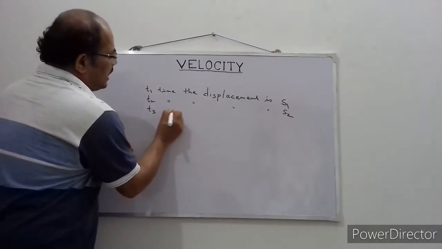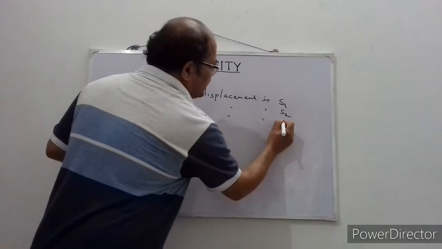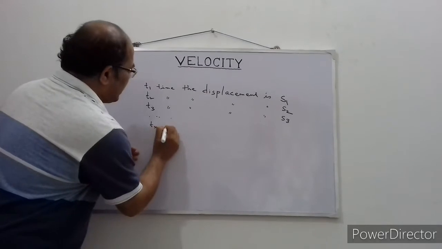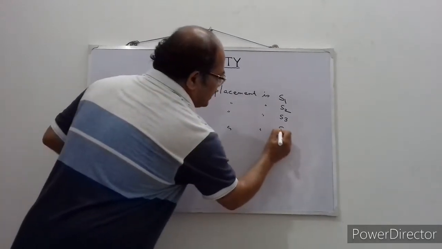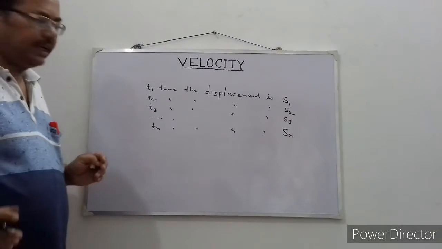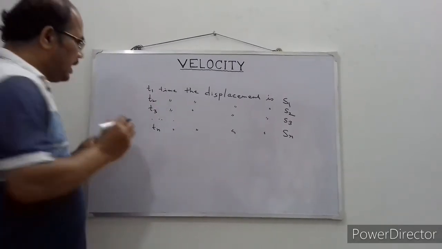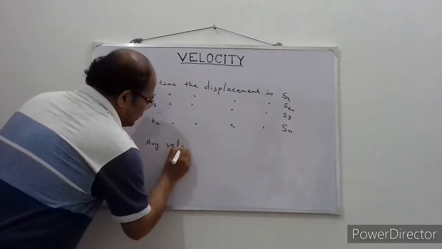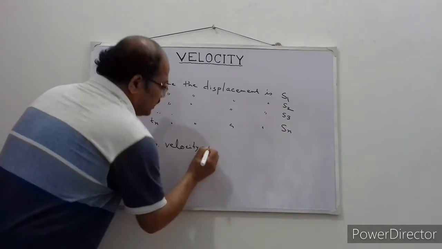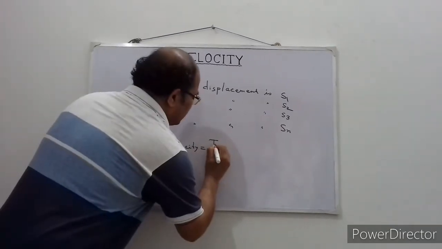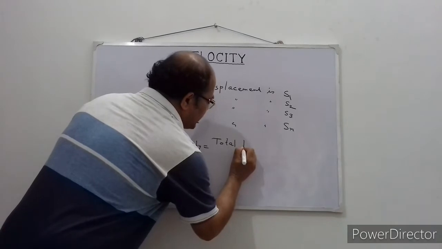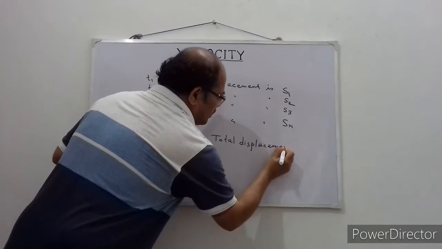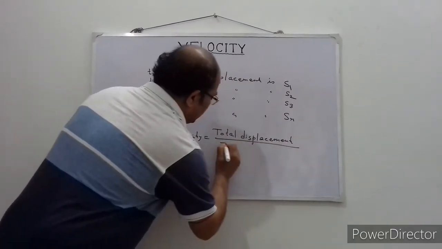In t3 time interval the displacement is s3, and so on, in tn time interval the displacement is sn. Then what is the average velocity? Average velocity equals the total displacement divided by total time.